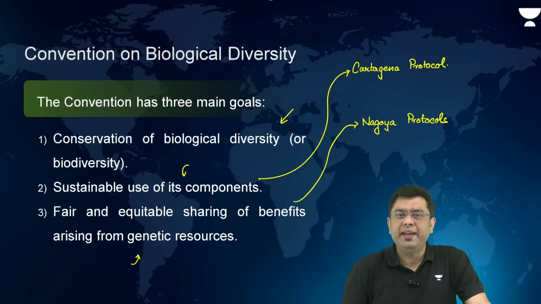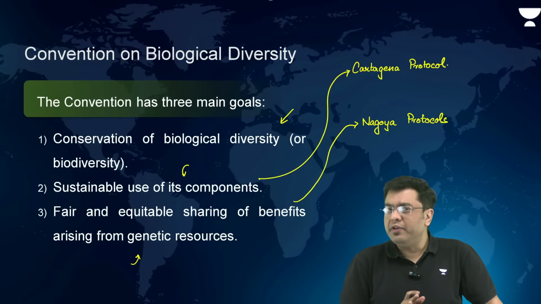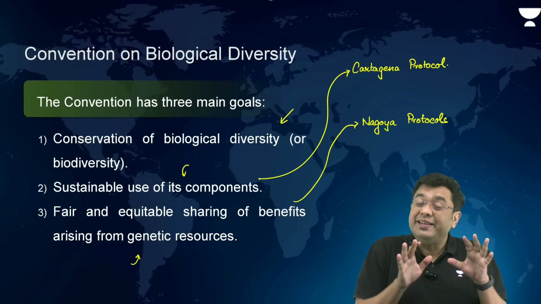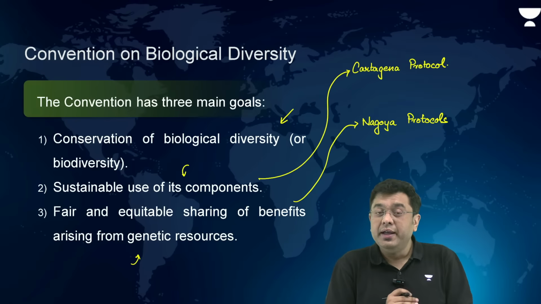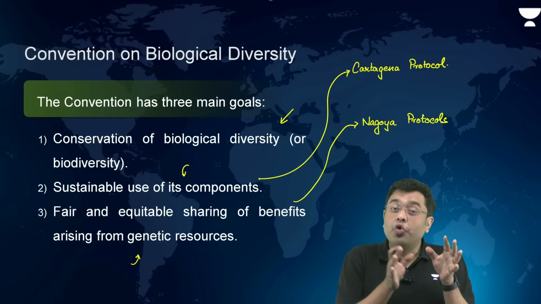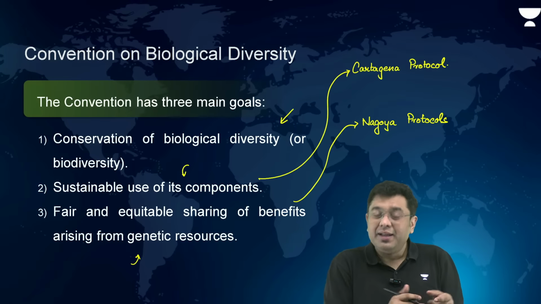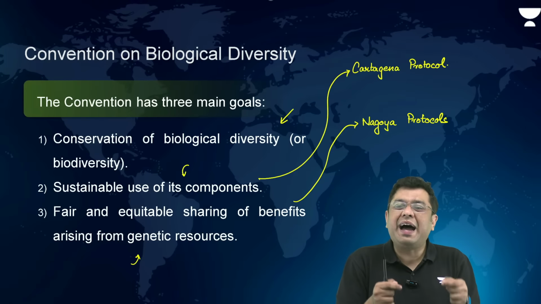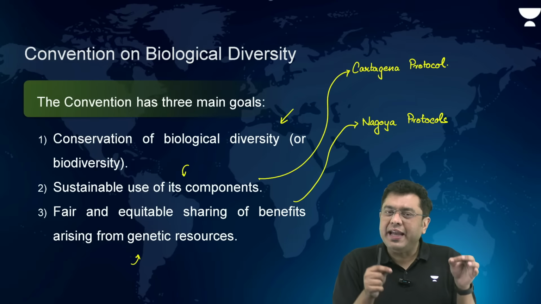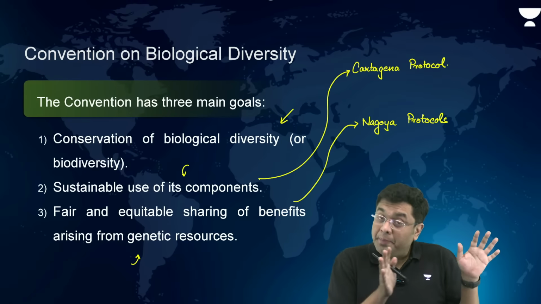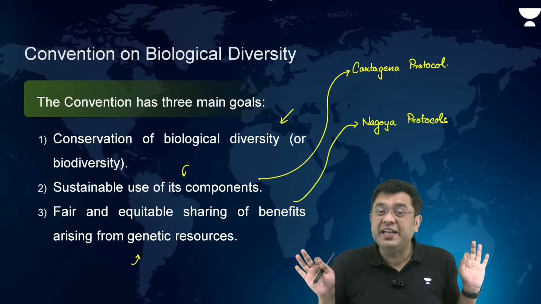Now, by the way, just an anecdotal reference. In order to adhere to the principles of Convention on Biological Diversity, India had passed its own national legislation, that is the Biodiversity Act 2002. And that Biodiversity Act 2002 basically also had three objectives.